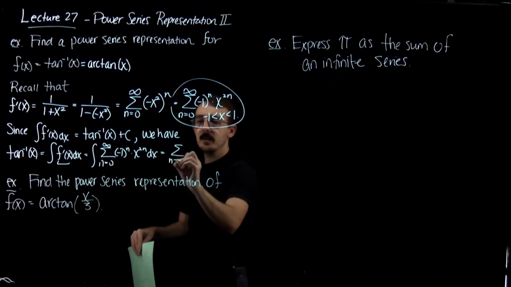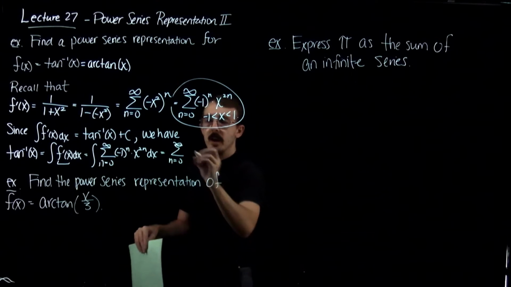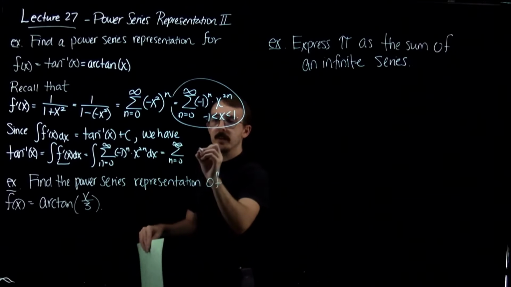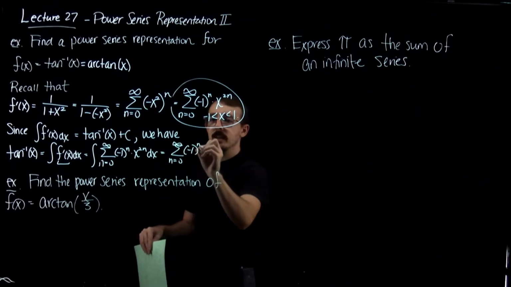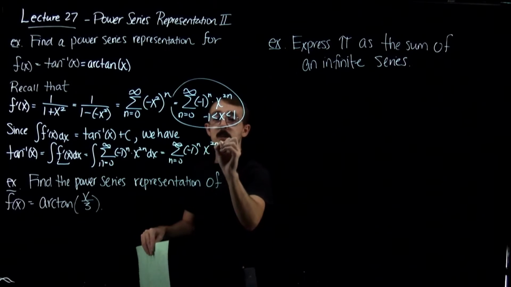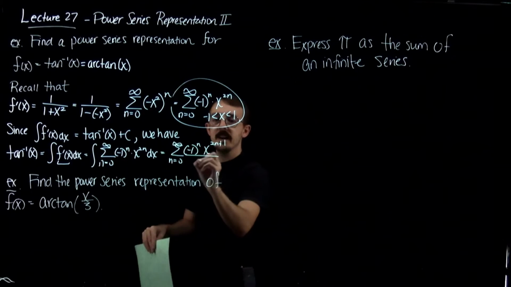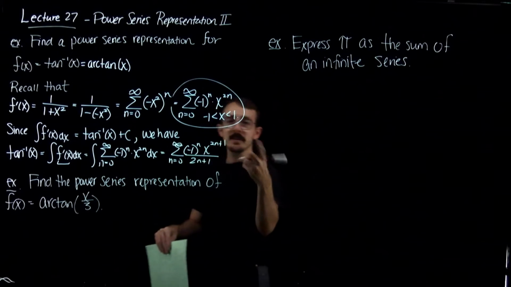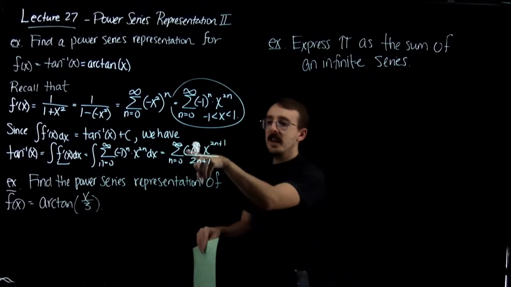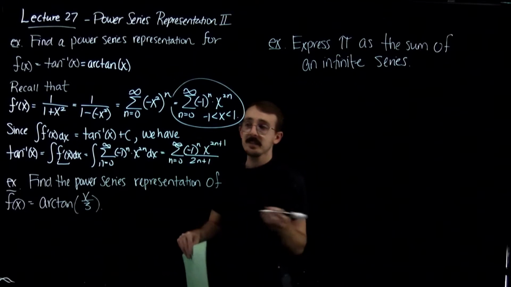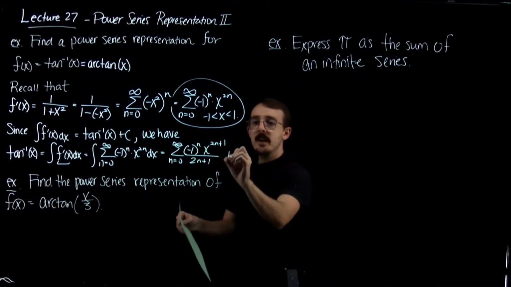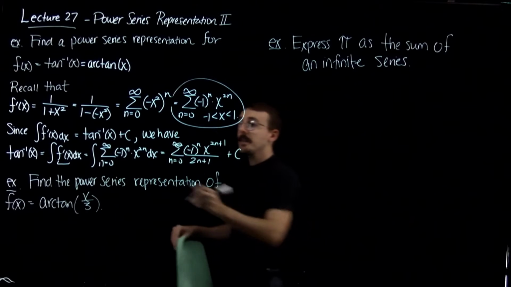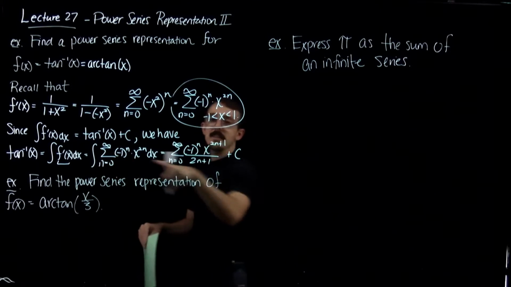I'm going to get the summation n equals 0 to infinity of negative 1 to the n x to the 2n plus 1, divided by 2n plus 1. So I just did the power rule backwards. Negative 1 to the n is just a constant, so that doesn't come into play. And then I get plus c, because it's an indefinite integral.